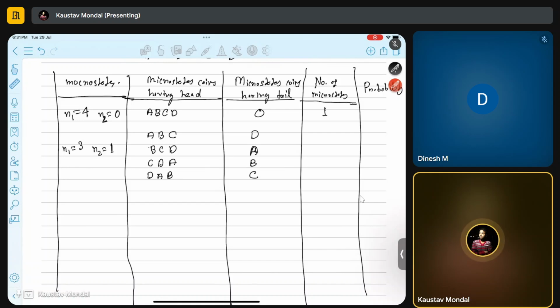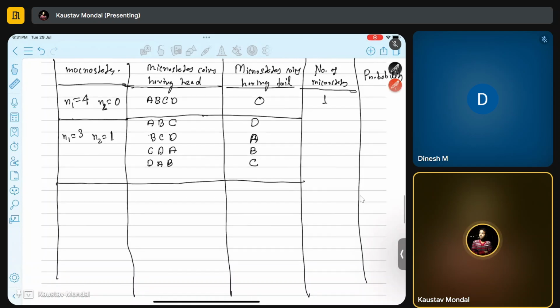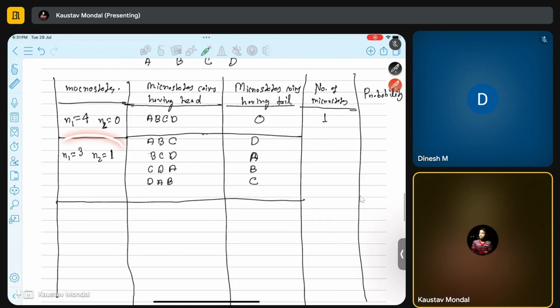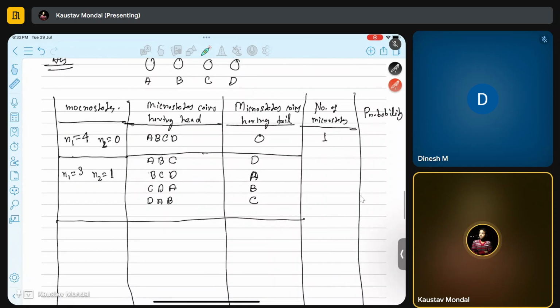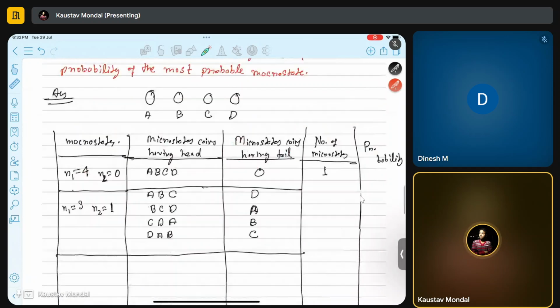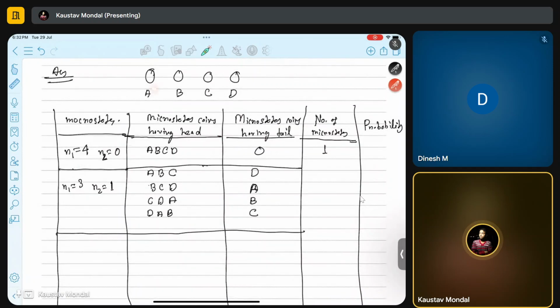So for this macro state, this can be achieved in these four different ways, right? All these points are indistinguishable, and we have marked each of the coins A, B, C, D like this.